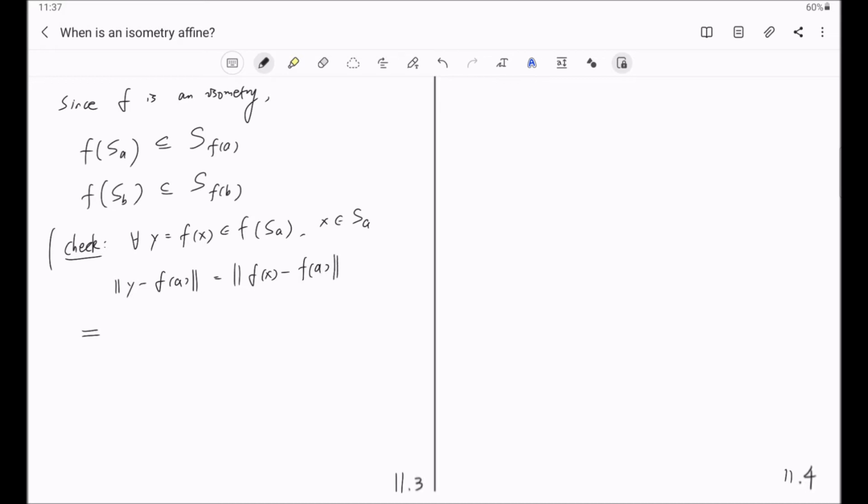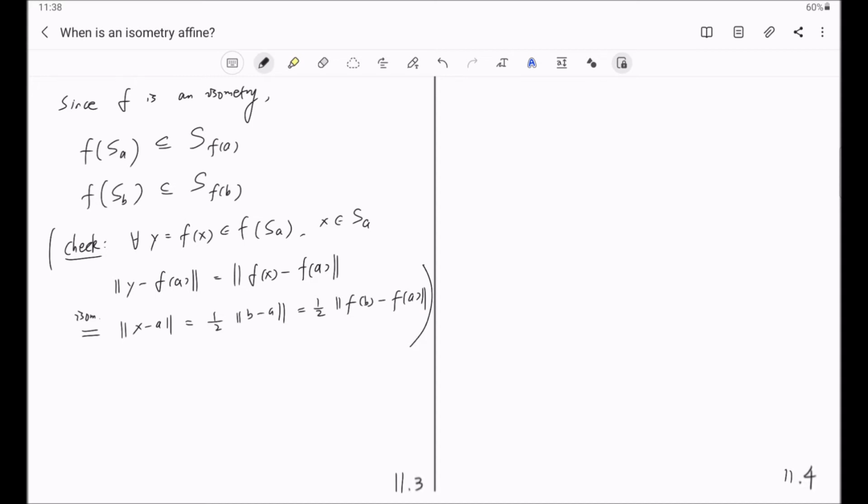Since f is an isometry, this will be equal to the norm of x minus A, which is half of the norm of B minus A. This is because x is in S sub A, and by the definition of S sub A, since it has radius half of the norm of B minus A, the distance from x to the center is half of the norm of B minus A. And by the isometry again, this will be equal to half the norm of f(B) minus f(A).